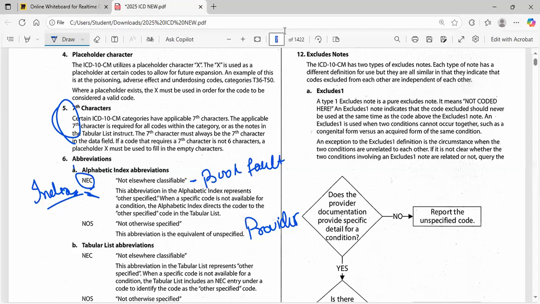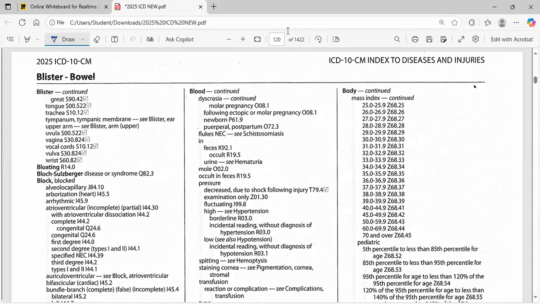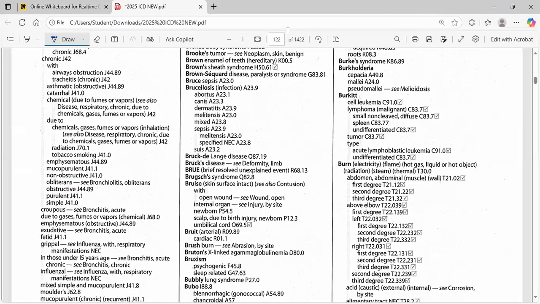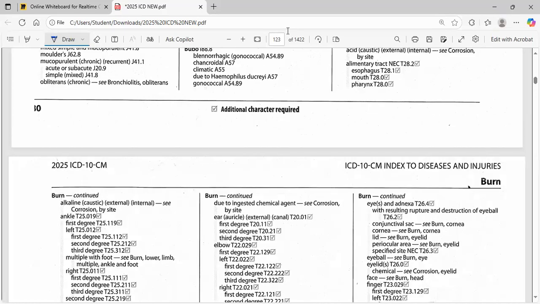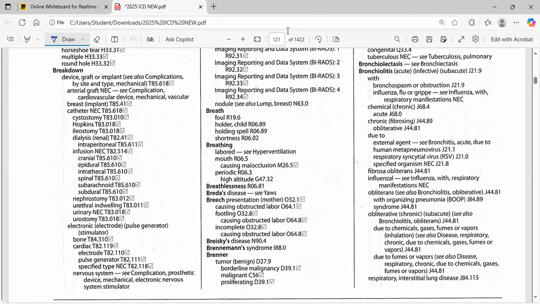We have to look for bronchiolitis in the index first. Here we go, bronchiolitis. And in bronchiolitis, we have to look for due to. But under the due to section, we do not have the option for rhinovirus.